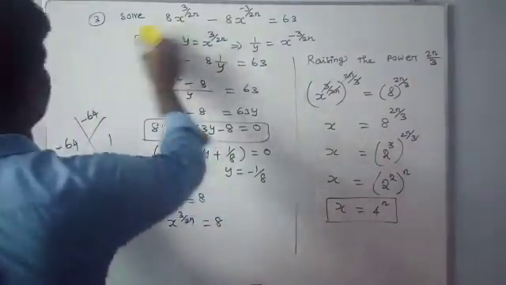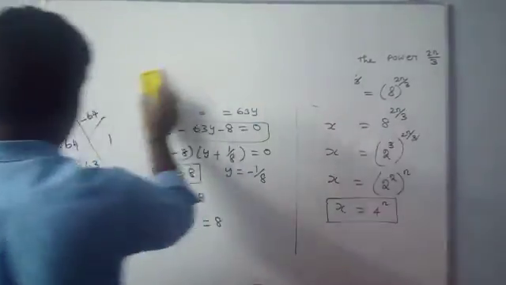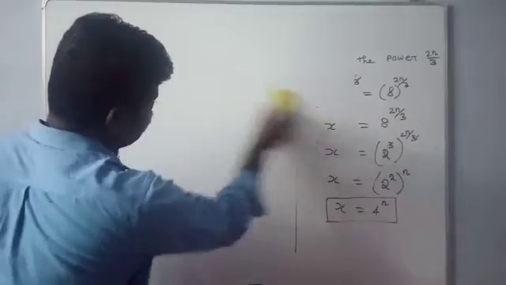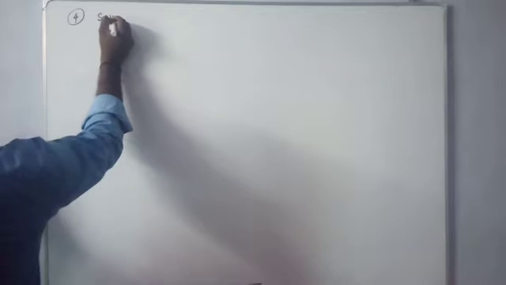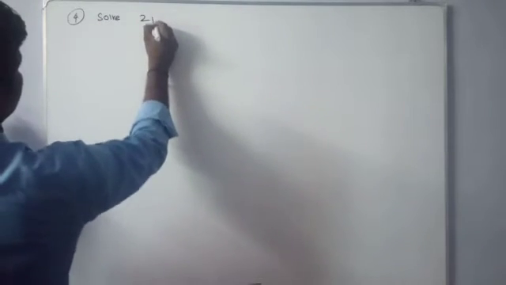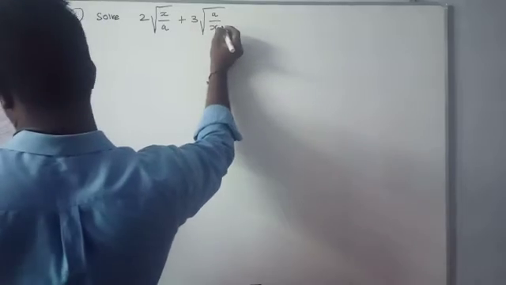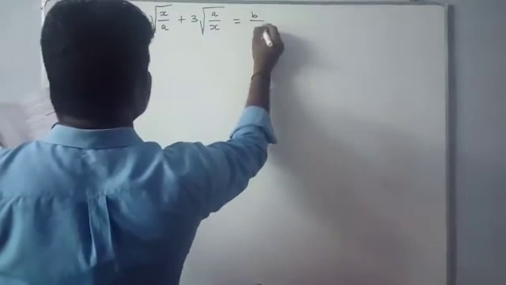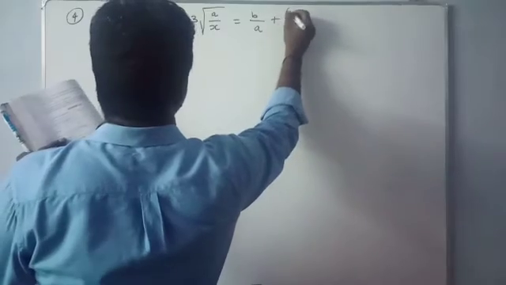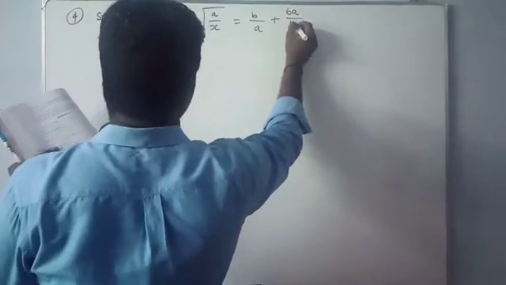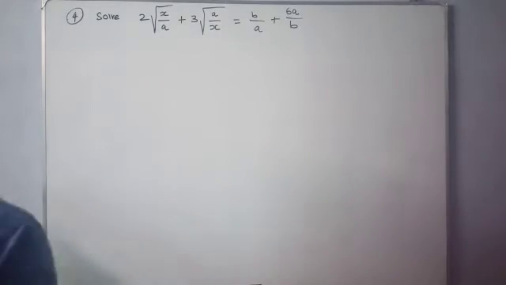Question number 4. Solve 2 root of x by a plus 3 into root of a by x is equal to b by a plus 6a by b.